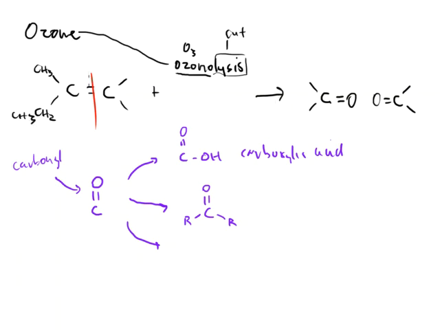Therefore, when this carbon double bond splits, it's still a CH3 there. It's still a CH2, CH3 here. That does not get touched. The only thing we do is add an oxygen onto this side. Well, that carbon has a carbon to the left and a carbon to the right. Whenever that happens, we have a special term that we use for that particular type of carbonyl, and we call this a ketone.